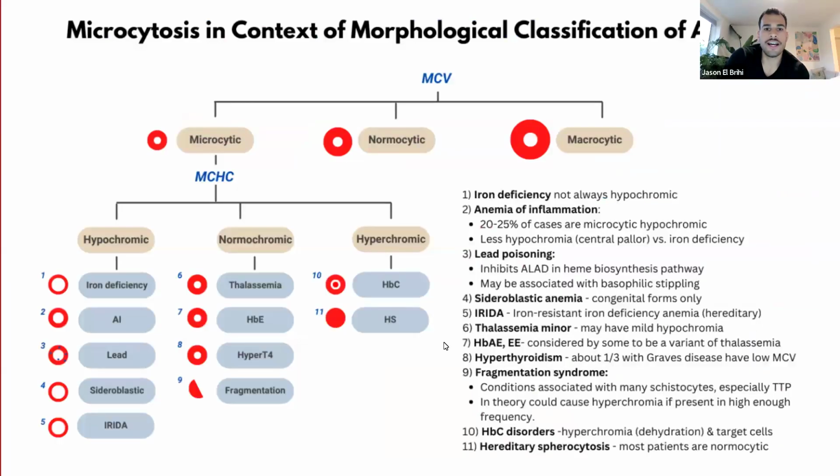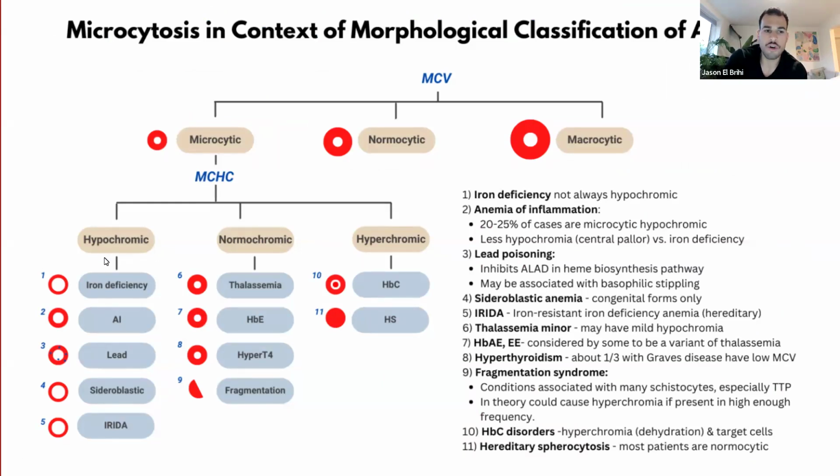Great. And then this is just showing you how we can differentiate the different causes of anemia using those two values we had. So if we start with microcytosis, which is a low MCV, less than 80, we can then look further with the MCHC to help determine the cause.